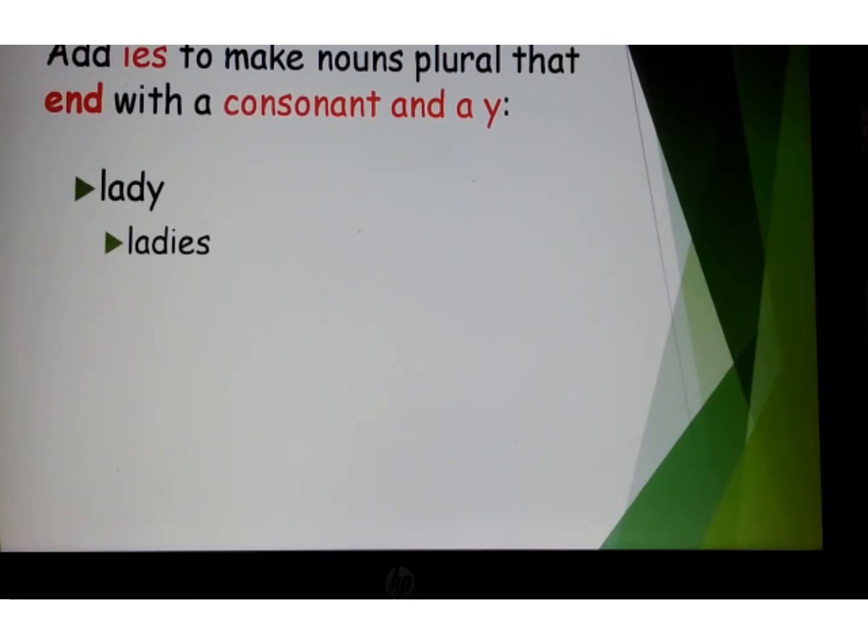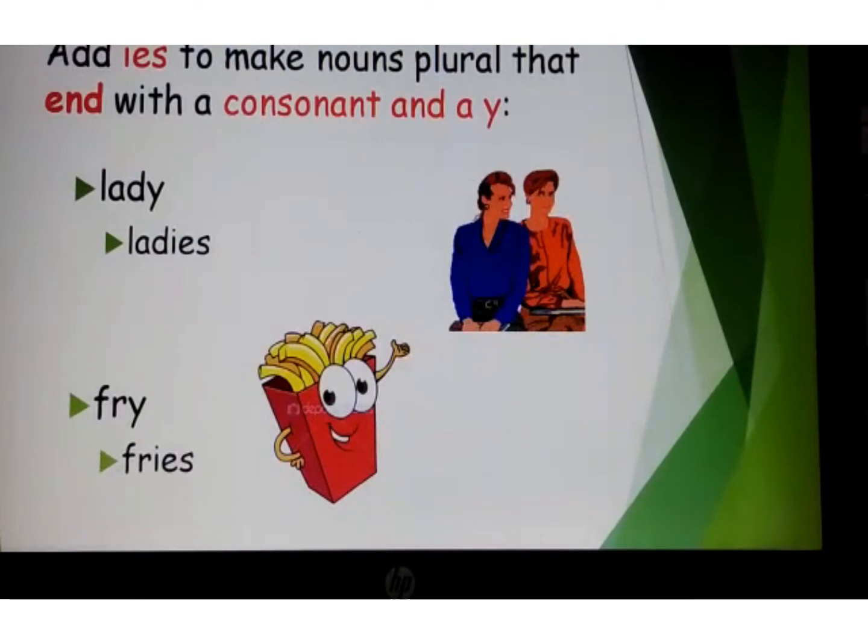You can see here the last letter is Y, so you have to convert Y to I and add ES in the end. So all the words which are ending in Y, you have to convert Y to I and add ES in the end to make them plural.